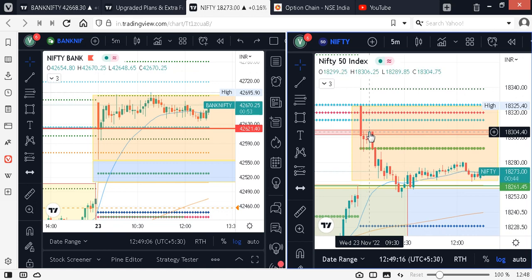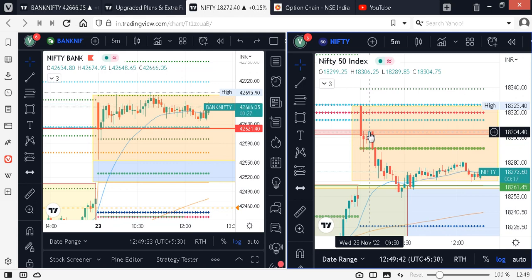You can see here in the charts, this is the place where you have to place your stop loss, somewhere here. Okay, that means 18,287. Now subtract 287 from 304.